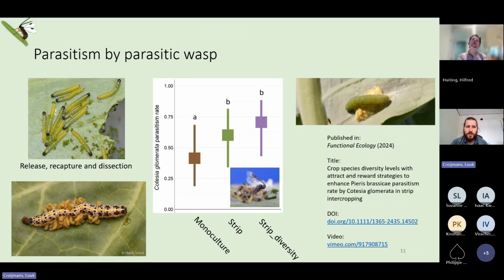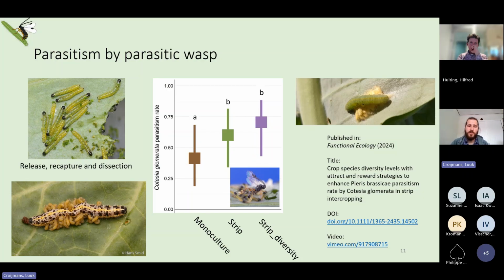Well, then we also looked specifically at these natural enemies. So we looked specifically at parasitic wasps. So these are these wasps that parasitize caterpillars, lay their eggs in them, and then at some point the larvae come out. You can actually see that in the left bottom. It's a bit gruesome, but there you see a caterpillar that had these parasitic wasps in them, and the larvae are there coming out, and then they can fly away and parasitize other ones.